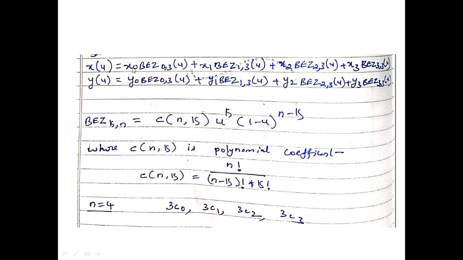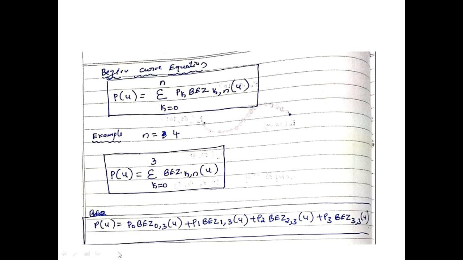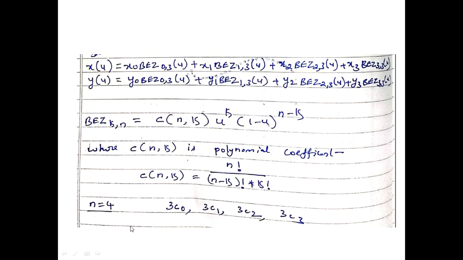So wherever P0 is there in this equation, I will substitute only the x-axis values, x0, x1, x2, x3. x3 is the last because our control points range from 0 to 3. So I started first from x0 and I ended at x3.